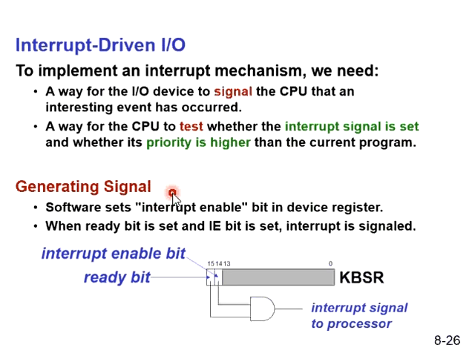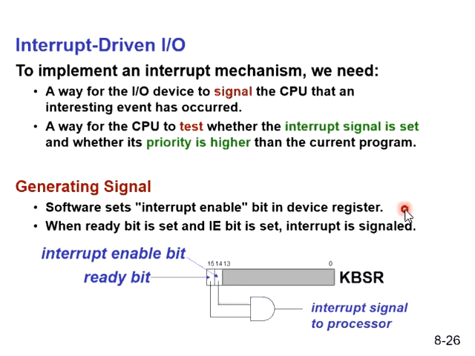Pay attention. Generally, for a real CPU, we can generate the interrupt signal to the CPU via hardware and via software. The software uses the interrupt enable bit in the device register. Especially when we study LC3, we use software to set the interrupt enable bit in the status register.